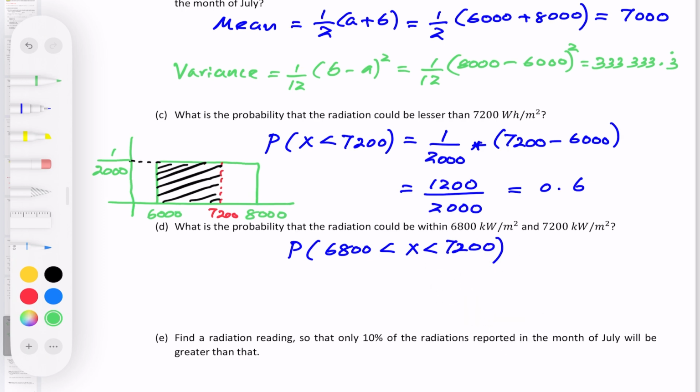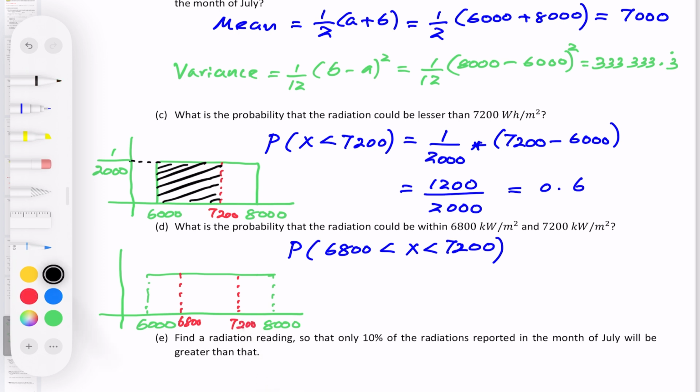Once again, we are going to need the histogram for that uniform distribution. Again, it's a rectangular distribution from 6,000 to 8,000. This time I need to find the area between 6,800 and 7,200. So let me assume that 6,800 is somewhere here, 7,200 is somewhere here.